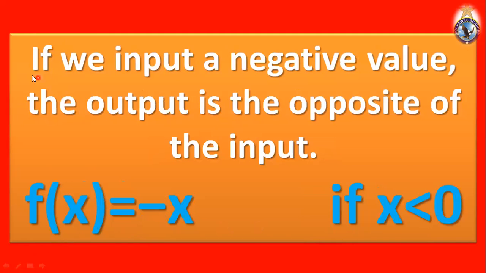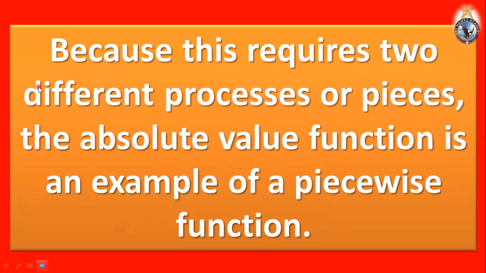Then the second condition: if we input a negative value, the output is the opposite of the input. So f(x) = -x if x is less than 0. We are putting in a negative value.